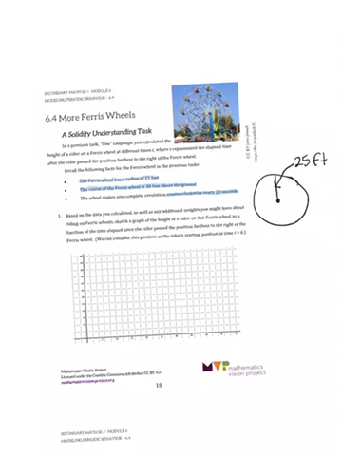That means the diameter is going to be 50 feet. And then it says the center of the Ferris wheel is 30 feet above the ground. So we'll just draw a little height here. We're saying that's 30 feet. And then this is going to be the ground down here.